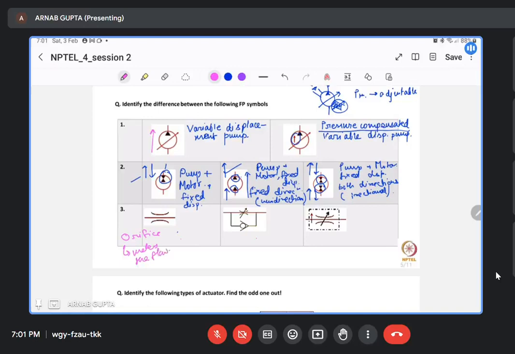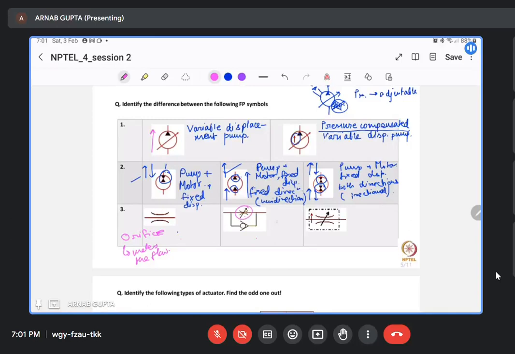This one you can understand is fixed. Like here you can't vary the flow rate. Here a particular flow rate has to be maintained. Whereas here that flow rate can be varied because this arrow is being shown.